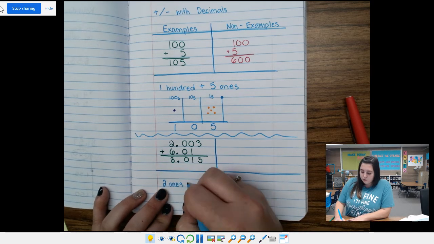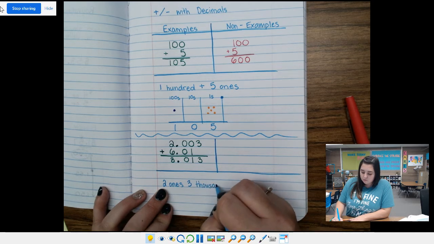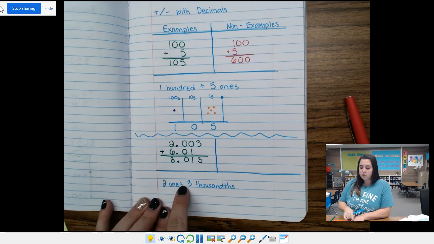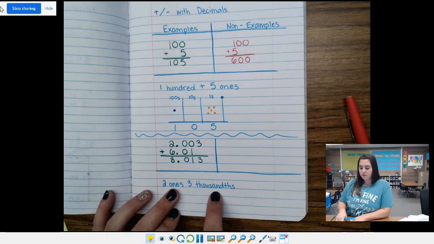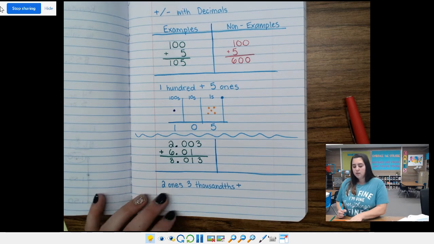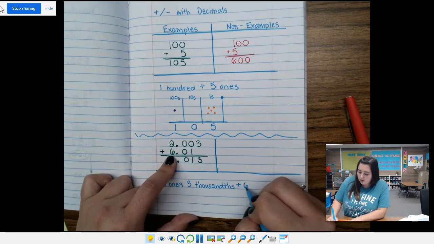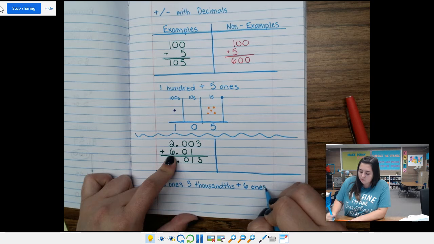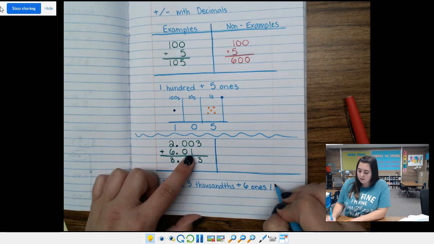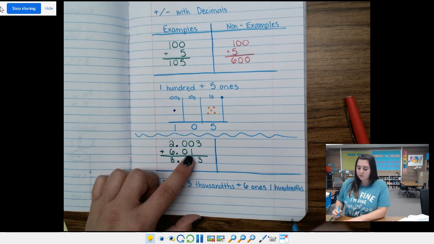And I have 3 thousandths. So I have my 2 digits represented with their place value. To that, I am adding 6, and it's in the ones place, and 1, and it's in the hundredths.